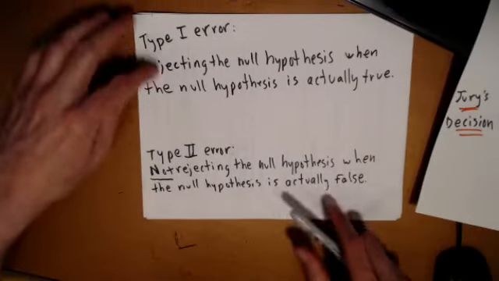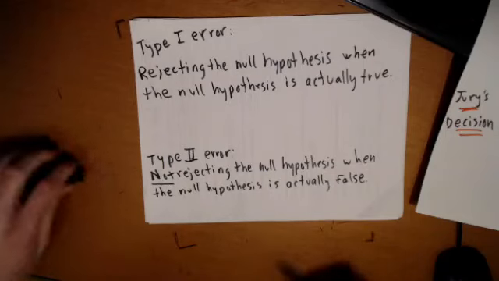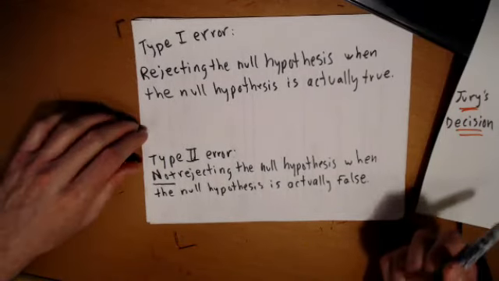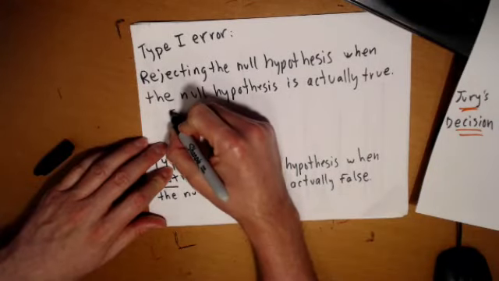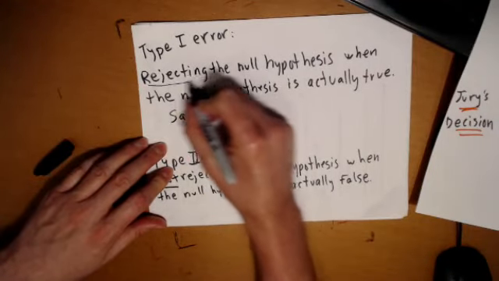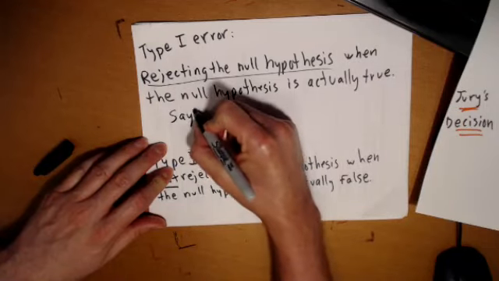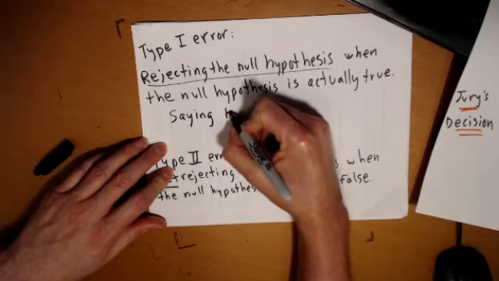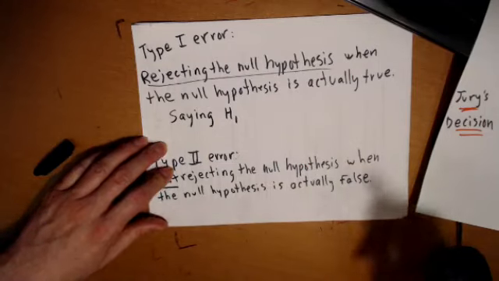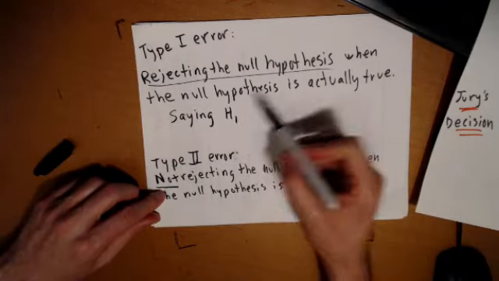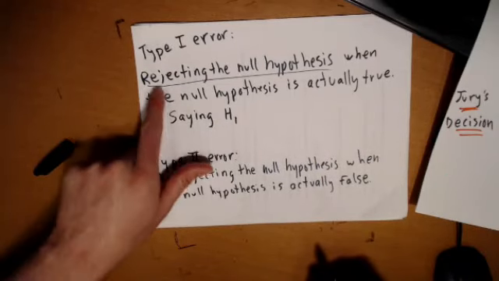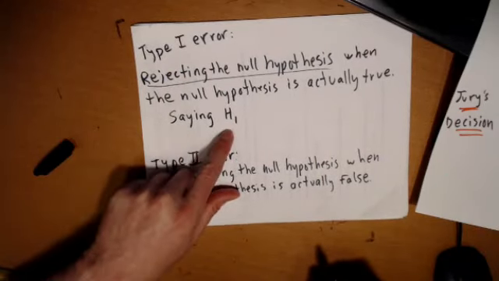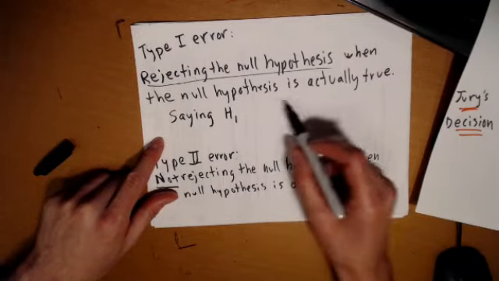So if we were to oversimplify this definition, so here's our dictionary definition, but when people ask us what's the type 1 and type 2 error, a good little trick is the type 1 error is if you're going to reject the null, essentially what you're therefore doing is saying the alternative, saying the H1. I often put HA, alternative hypothesis HA. Our book uses H1, same thing. So saying H1, rejecting the null, so that's saying the alternative, when the null is actually true.